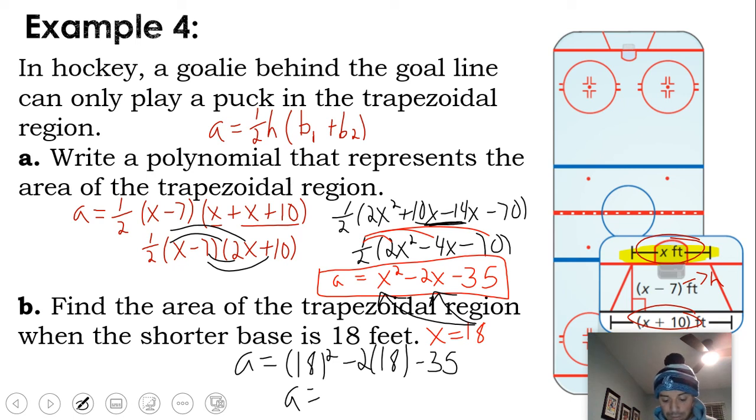Make sure that you use parentheses if you're using the graphing calculator. I'm putting it in right now. You end up getting an area of 253. Make sure we have units, so it would be 253 feet squared because we're talking about area. That's all. We're going to do lots and lots and lots of practice with multiplying polynomials. See you in class.